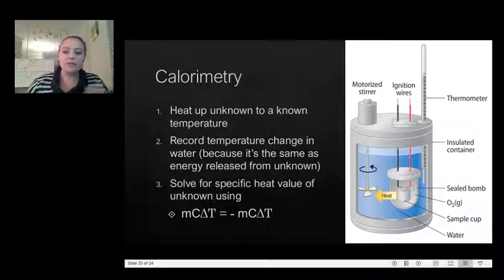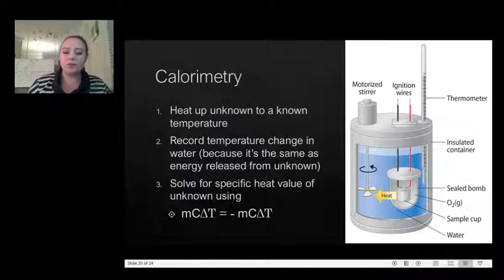So the way this works, we have a calorimeter. We have our unknown, or our known, usually it's an unknown. You heat it up to an unknown temperature. You have a known temperature of the water because you have a thermometer in the water. And the heat energy from that metal starts to radiate out into the water. And so the water starts to absorb the heat from the metal.